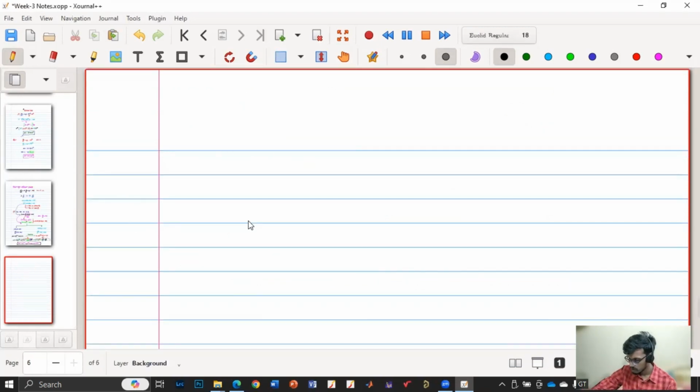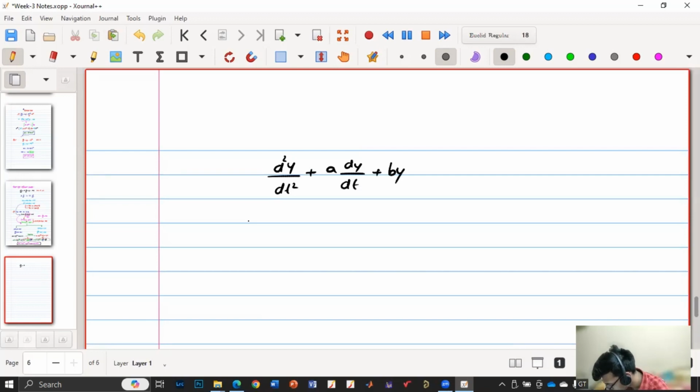So let me quickly write what we obtained. If the equation is d square y by dt square plus a into dy by dt plus b y equals x of t, then y of t again has a natural response and a forced response.